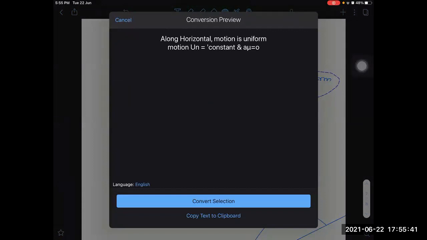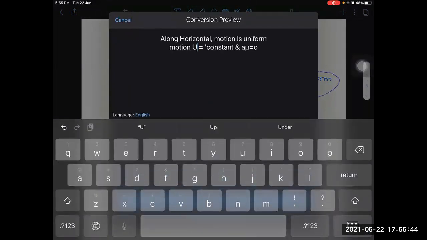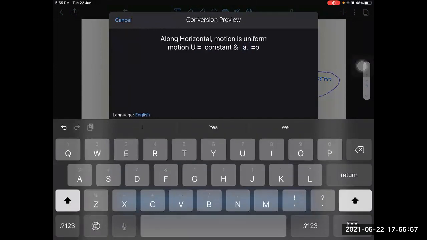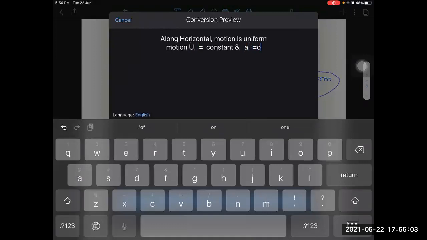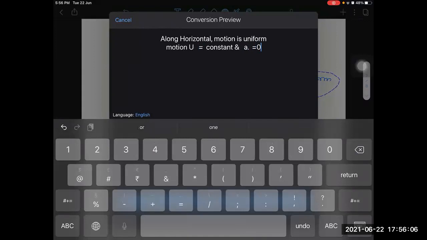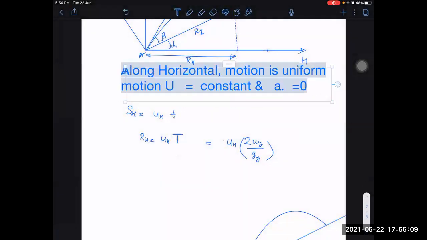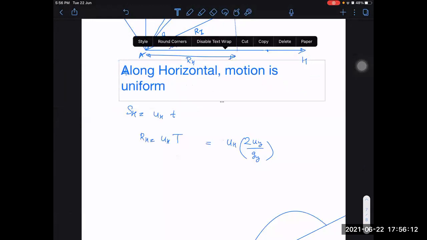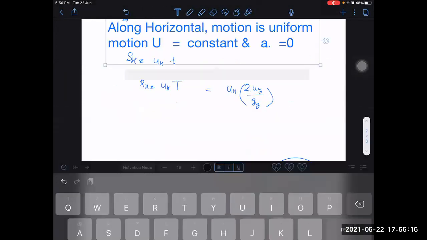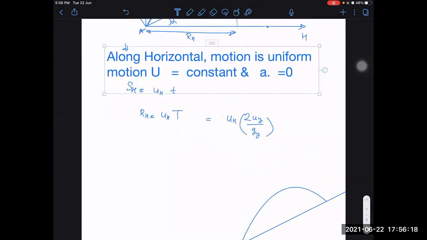Along horizontal motion is uniform motion, and this thing is U. So U along horizontal, and acceleration along horizontal will be 0.